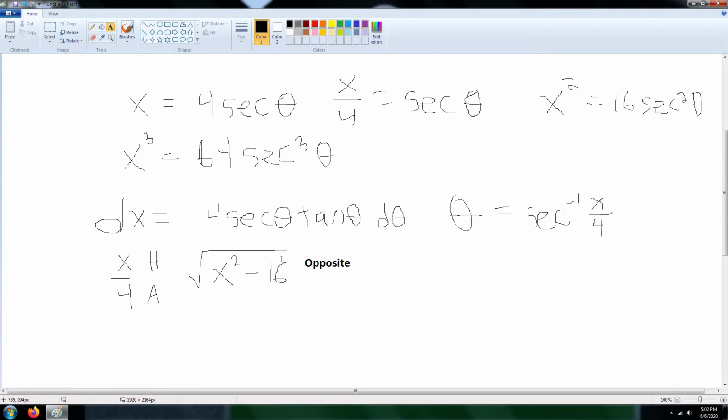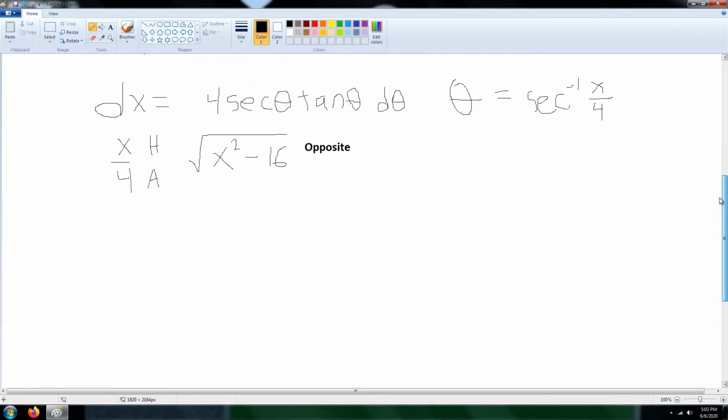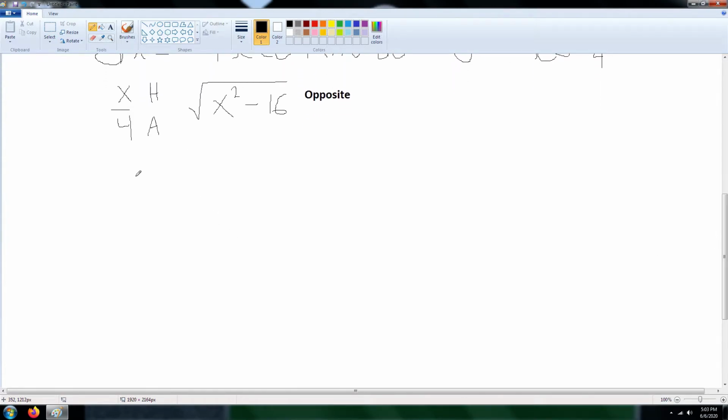So remember, this is the opposite here. So, what we have here is secant squared theta, we have that. But we have an integral of 16 secant squared theta minus 16.